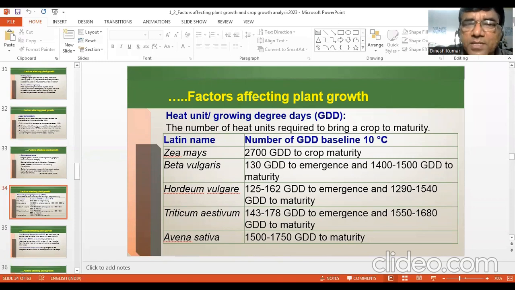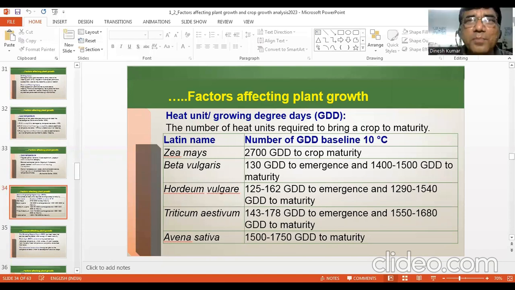And many times you must have observed that wheat in Madhya Pradesh matures early. Although the sowing time is almost similar in North India and Central India, wheat matures early in Central India than in North India. So this growing degree days is the reason.